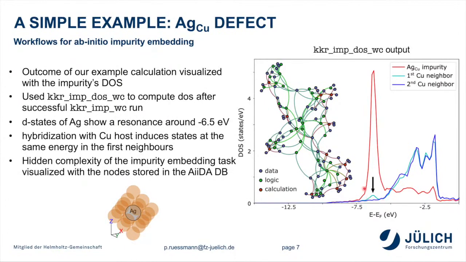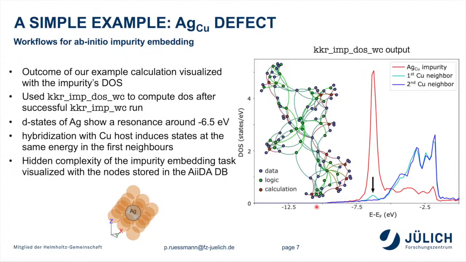And you can clearly see that here in the first copper neighbors around the silver impurity, there's a strong hybridization in the electronic structure, and this leads to the appearance of this peak that is absent then for further distances from the impurity.